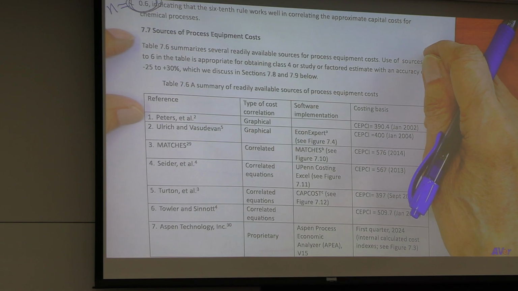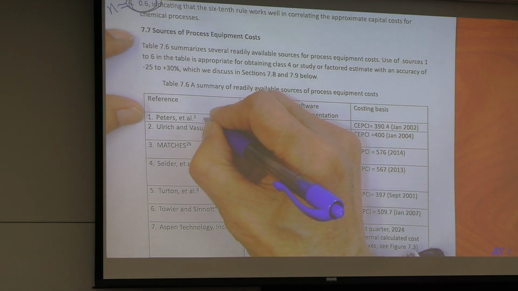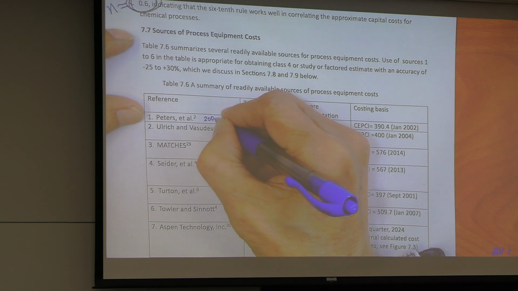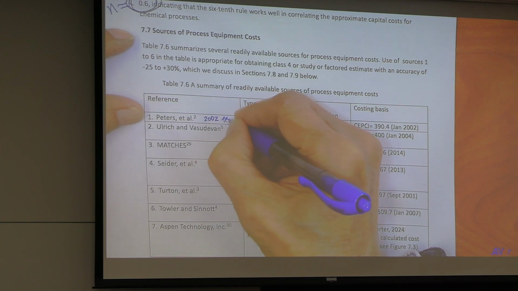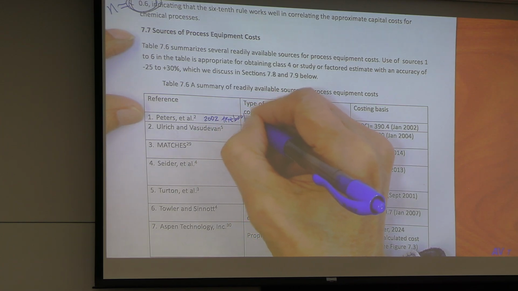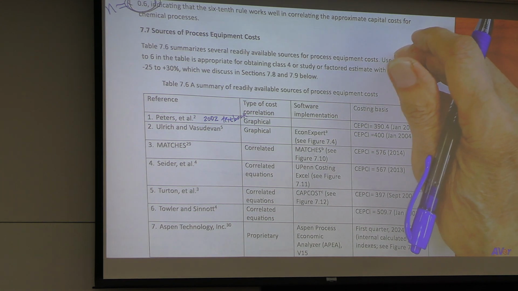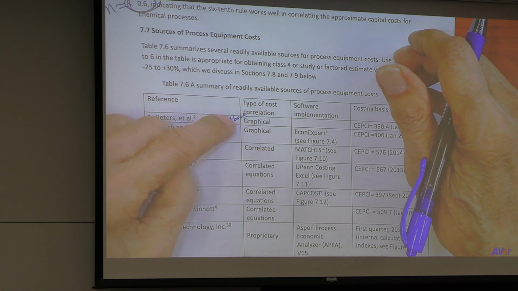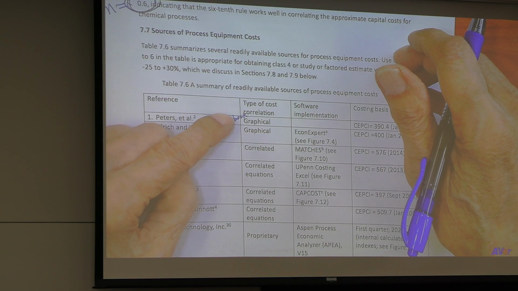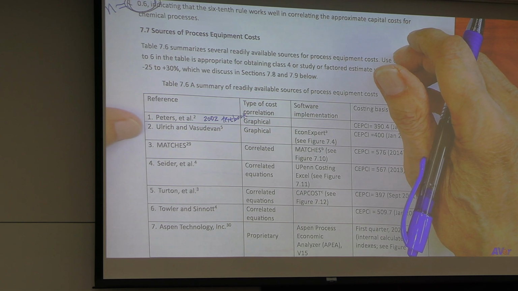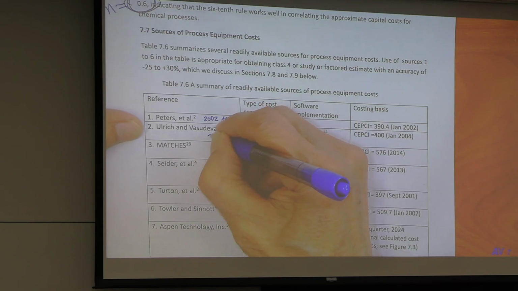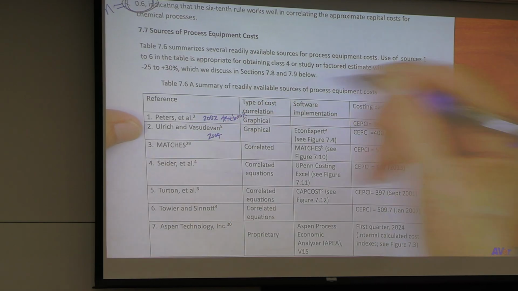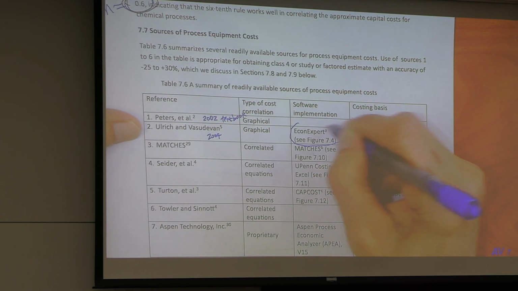Peters, graphical textbook. You want to get this graphical correlation, in case it's necessary, contact me. I'll scan it for you. This is 2004. Hey, Econ Expert, we love it.